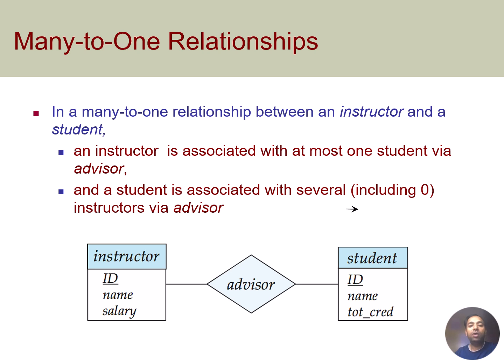It might sound like one-to-many, but it depends on which direction you are viewing. From the instructor's point of view, they are related to multiple students, but from the student side, each student has only one advisor. We represent this similarly with an arrow pointing to the one side.